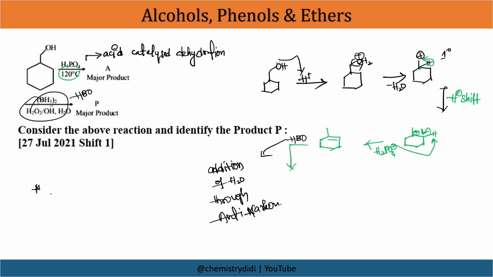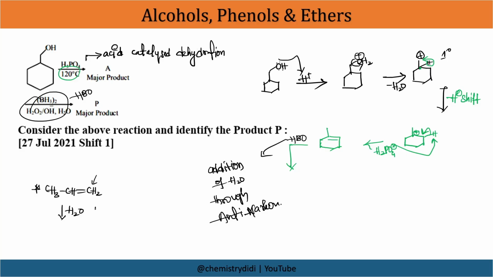what is Markovnikov rule exactly? Let me explain you with this particular example so that you'll understand it easily. So let's say for example we want to add water across this. Okay, so what we'll do? We'll add the hydrogen to the carbon which is having more number of hydrogens. Okay, or else you can say this is the simplest way you can remember.